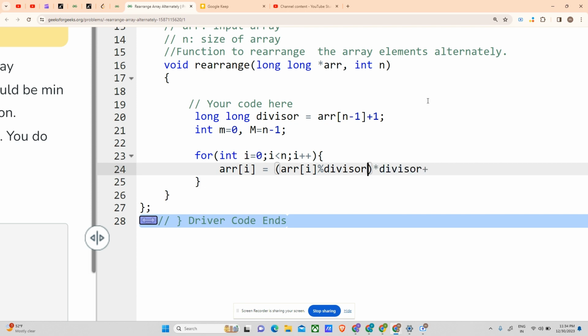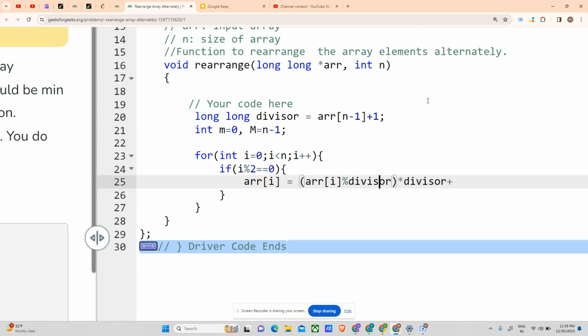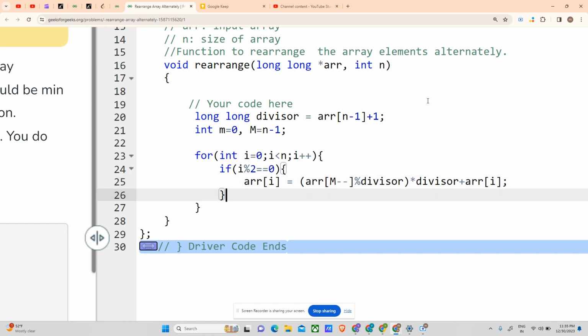ARR of, sorry, this will be equals to, sorry for the mistake, it will come when I percentile 2 equals to equal to, for the even case it will come, right, ARR of capital M, and decrement that M after the operations division plus remainder, that is ARR of I, that is the old value only.